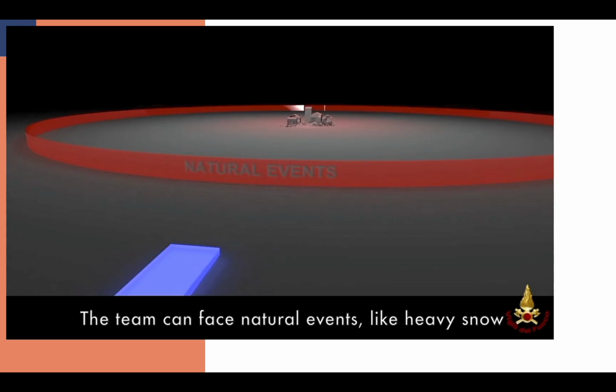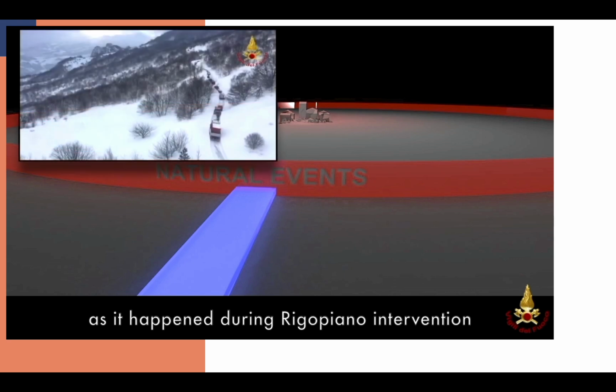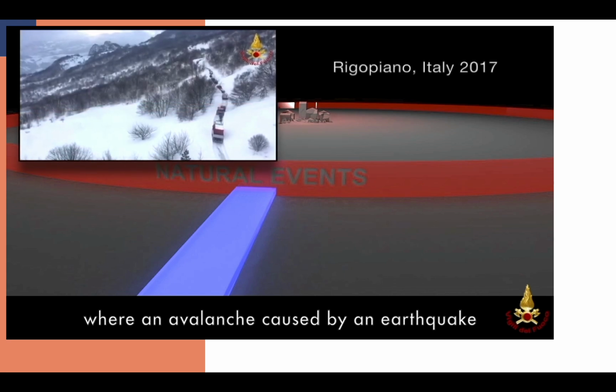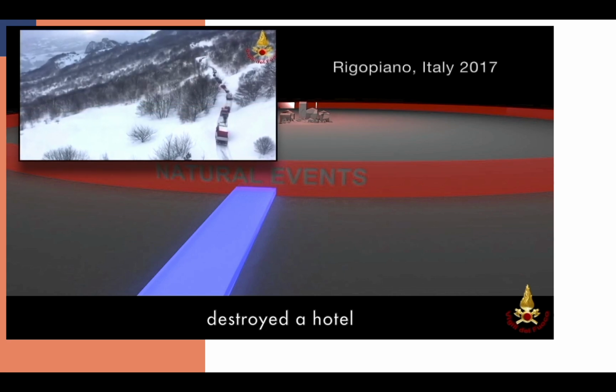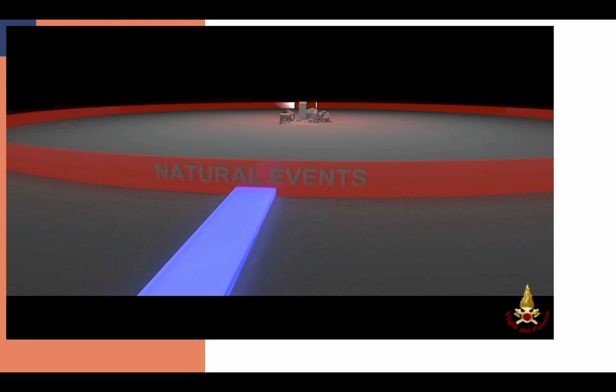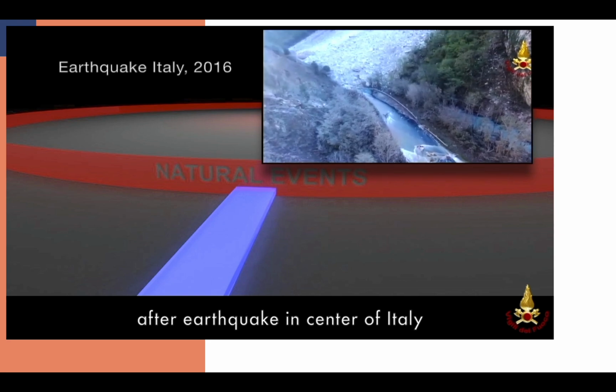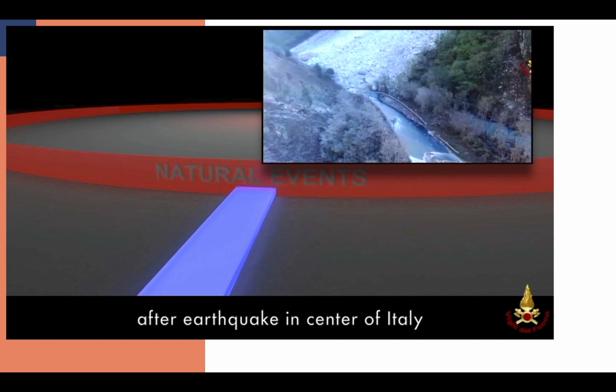The team can face natural events like heavy snow, as it happened during the Rigopiano intervention, where an avalanche caused by an earthquake destroyed a hotel. Or a large landslide, as it happened also after earthquakes in the center of Italy.